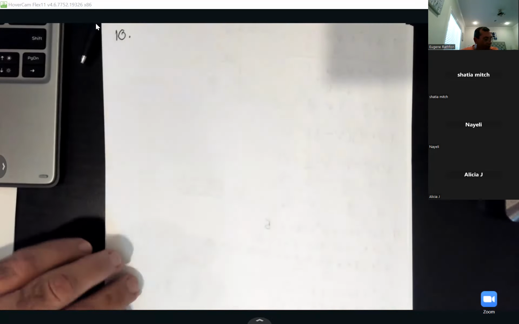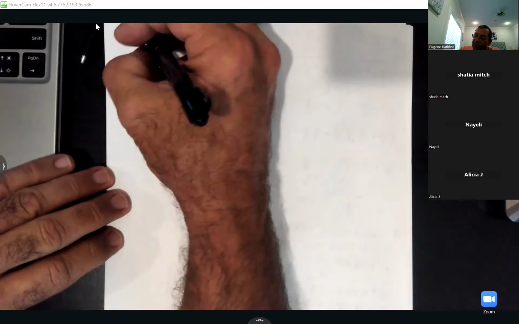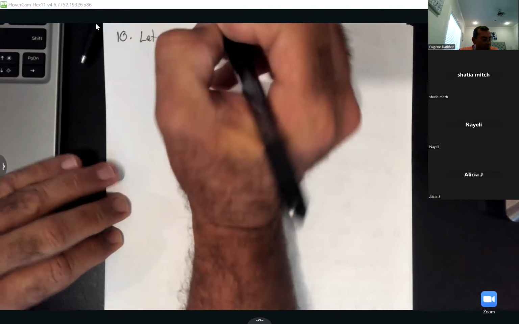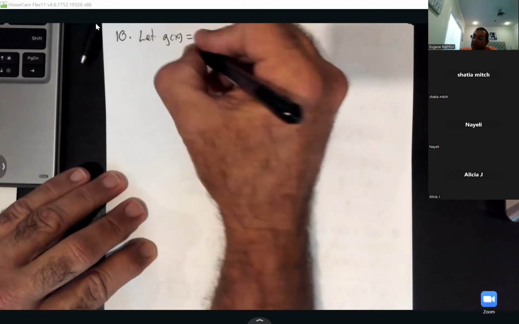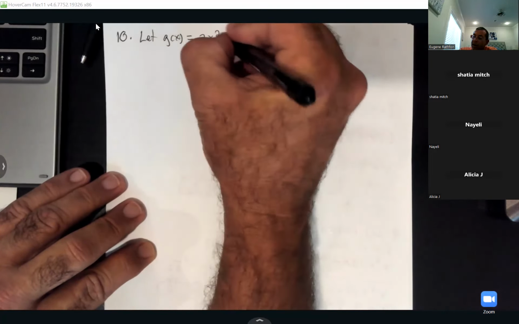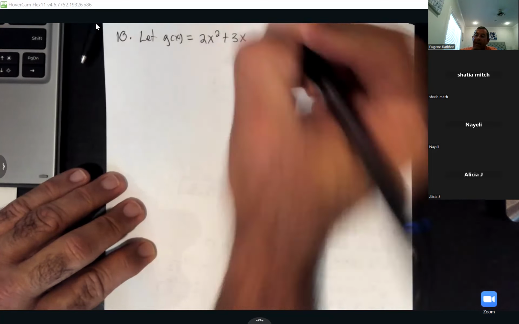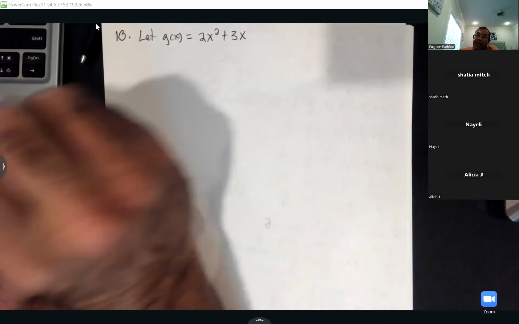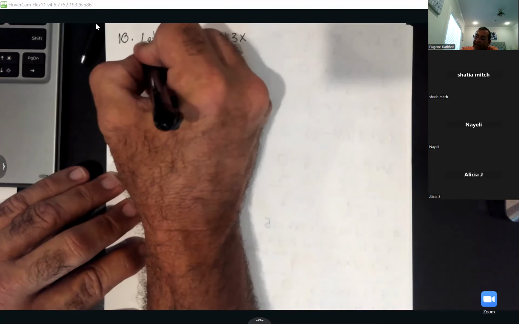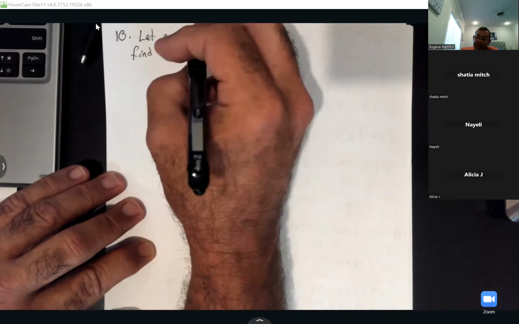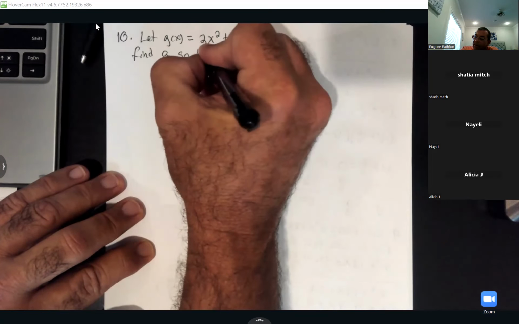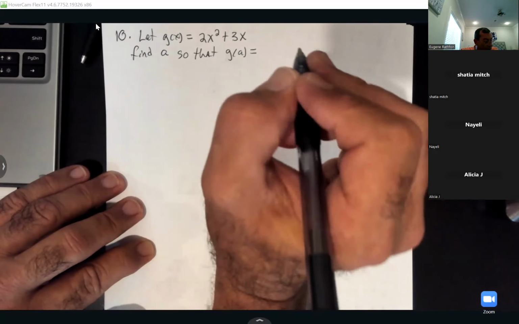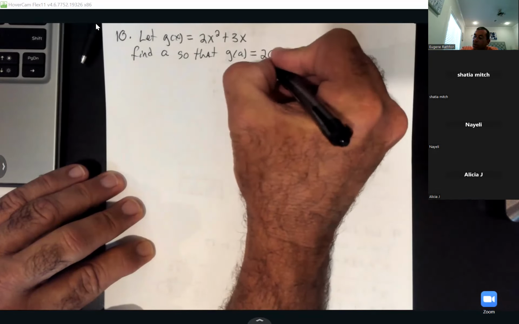So for our number 10, this one says, let g of x equal 2x squared plus 3x. So this one's like the last one. It says find a so that g of a equals 20.